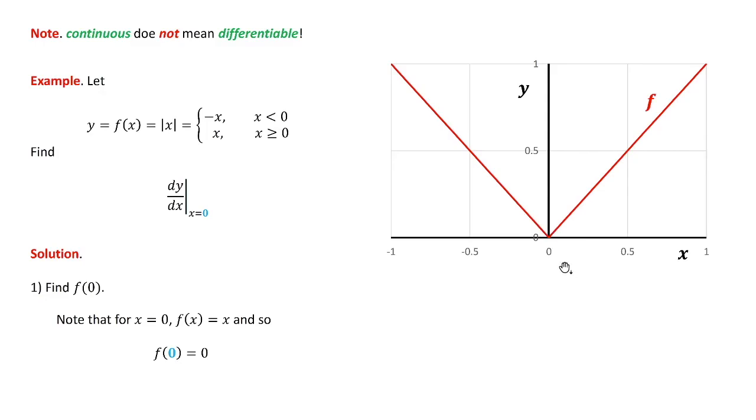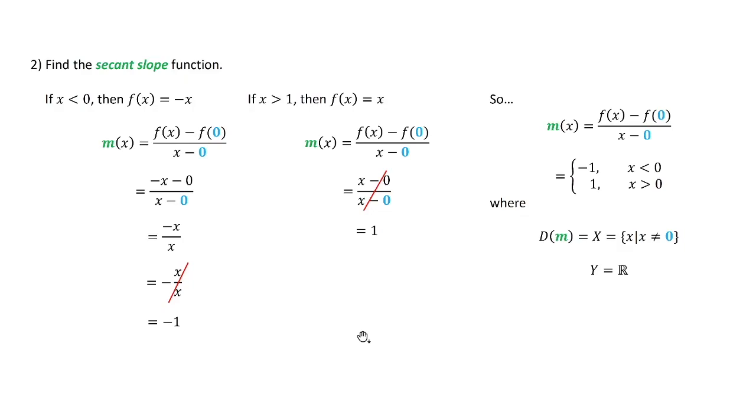See, that's what happens. So let's go through the process and see how it works. I check the point. It's defined. It's 0, so it's (0, 0). Let's compute the secant slope function. Do it on the left. Do it on the right. And notice, again, on the left, this function is always equal to minus 1. And on the right, the slopes are always equal to 1. So we see that the secant slope function is piecewise. For x less than 0, it's minus 1. For x greater than 0, it's 1.